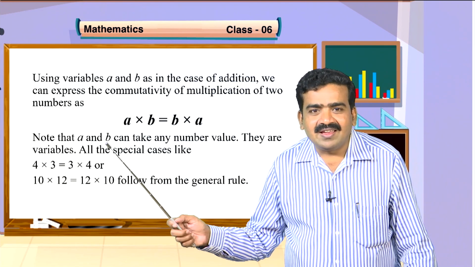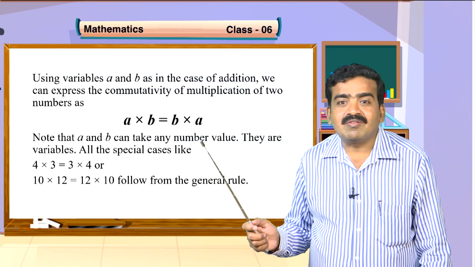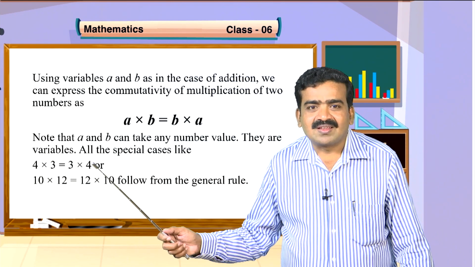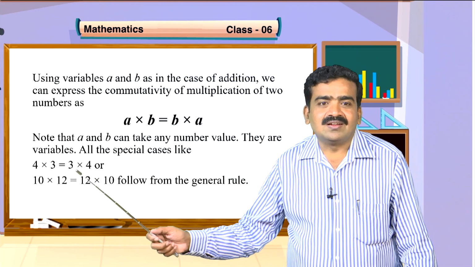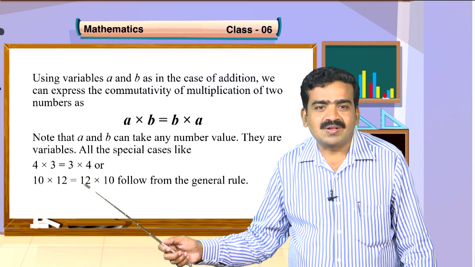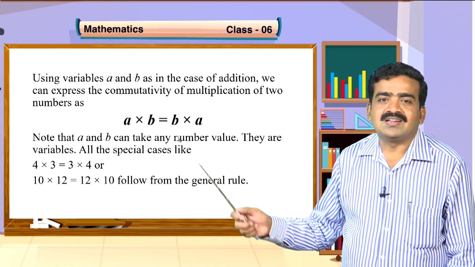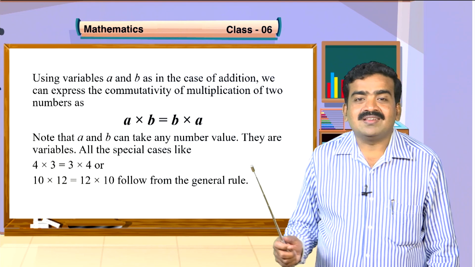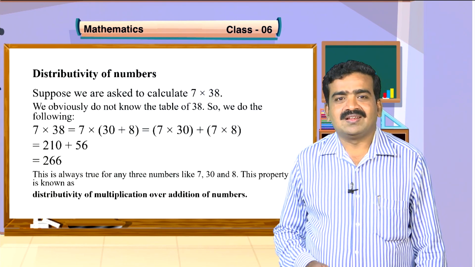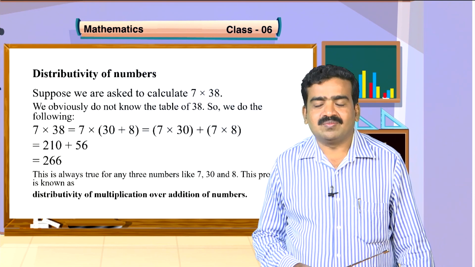Note that a and b can take any number value, I told you already. They are variables. All the special cases like 4 into 3 is equal to 3 into 4 or 10 into 12 is equal to 12 into 10 follow the above general formula a into b is equal to b into a. Is it understood?